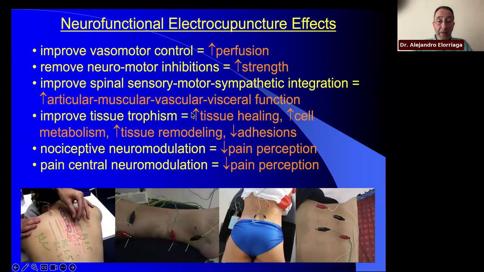Then we have a powerful effect at the local level, obviously, where you put needles near tissue that's healing, that's damaged. You stimulate a bunch of processes that lead to tissue healing, that activate local cell metabolism, improve tissue remodeling and decrease adhesions. We know that.